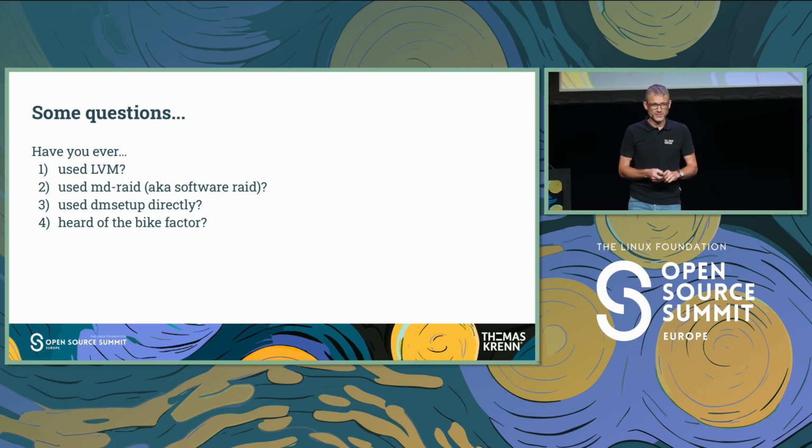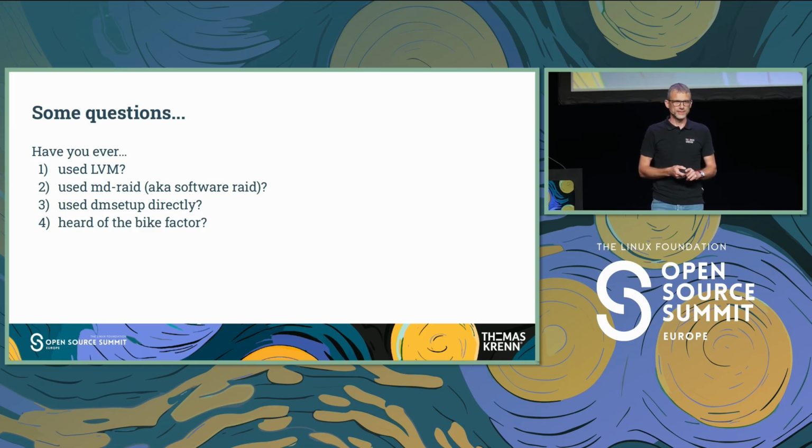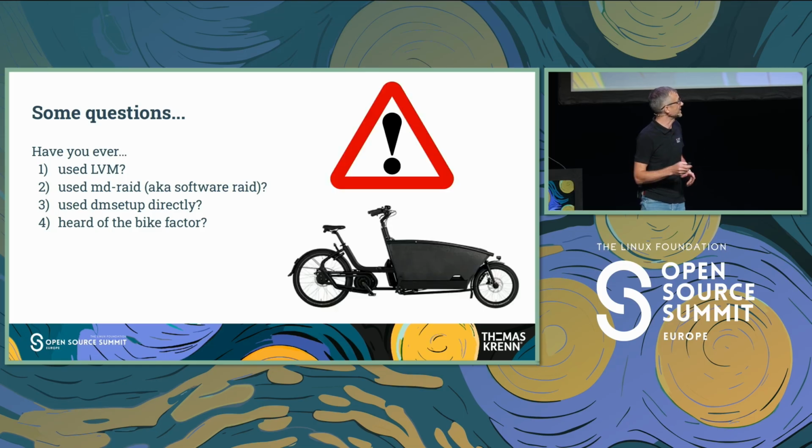And one important question this time, who of you has heard of the bike factor? We had an interesting talk yesterday from Hans de Goede about creating a vibrant and healthy kernel community. And he told how important it is to also look at the bus factor or truck factor. And I got to know here in Amsterdam that it's also important to watch out for the bike factor.